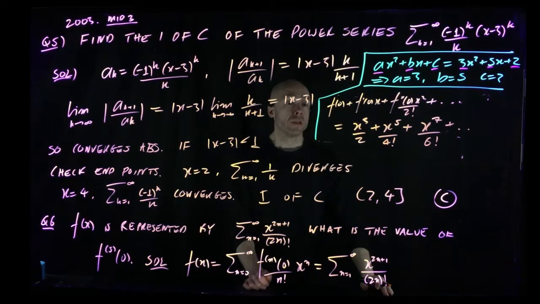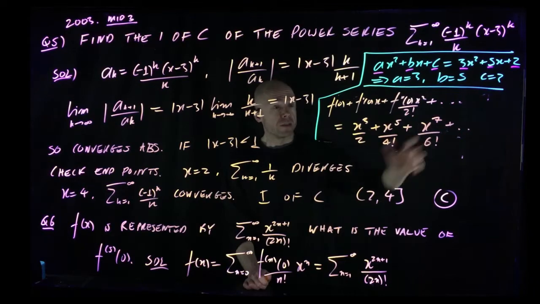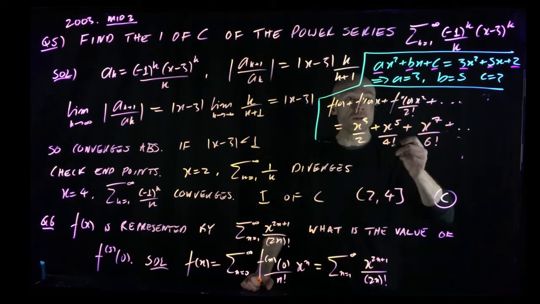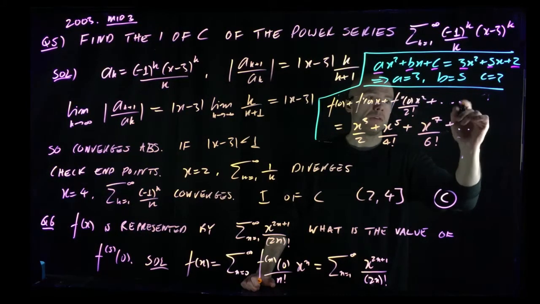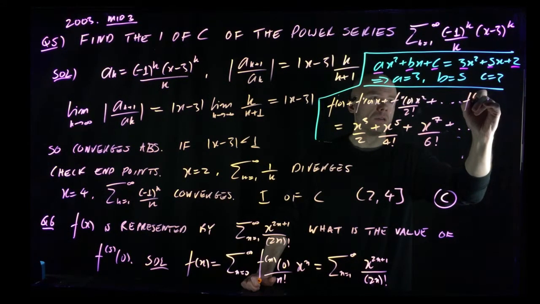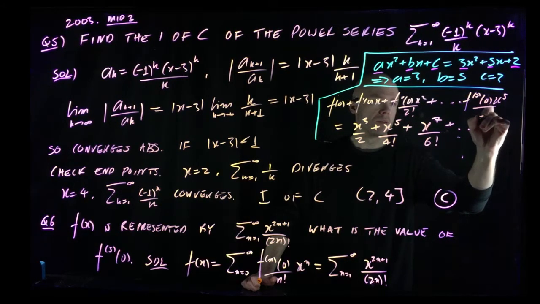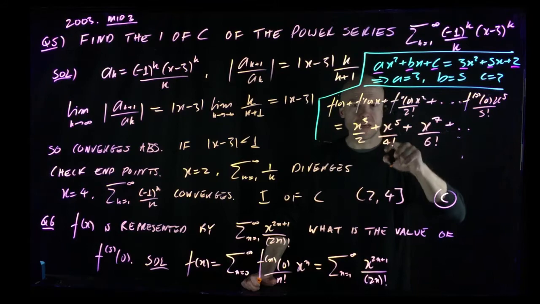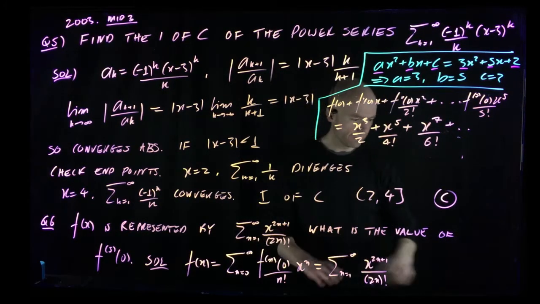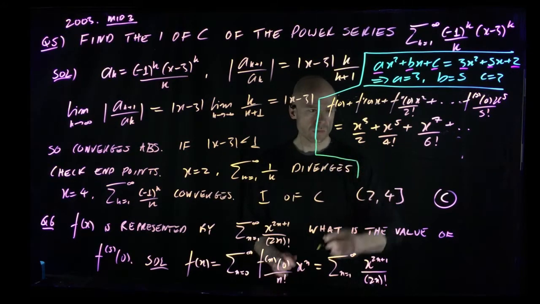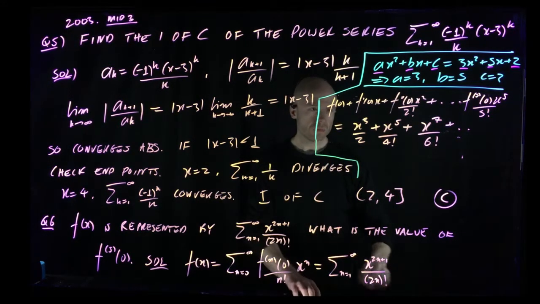Okay? Now, the only way this power series can equal this power series is by exactly the same principle, if all the coefficients agree. So in particular, the x to the 5 term, which is somewhere here, has to equal the x to the 5 term right here. What does that mean?